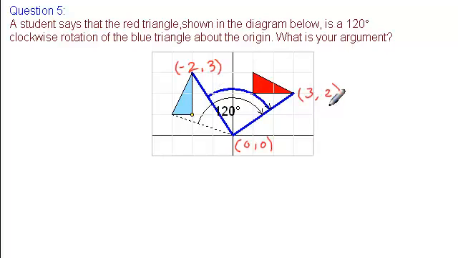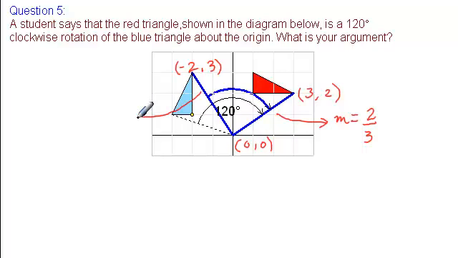So now we can find the slope of the two segments from the center of rotation. In this line, the slope, let us say m, is rise 2 and run 3.